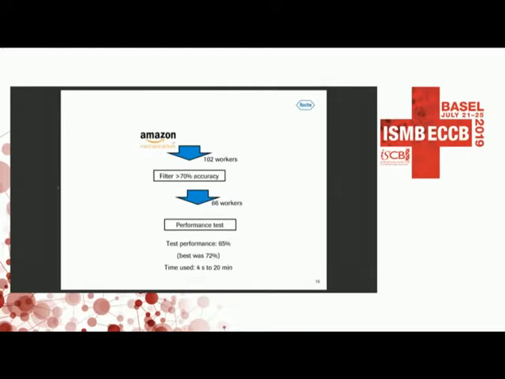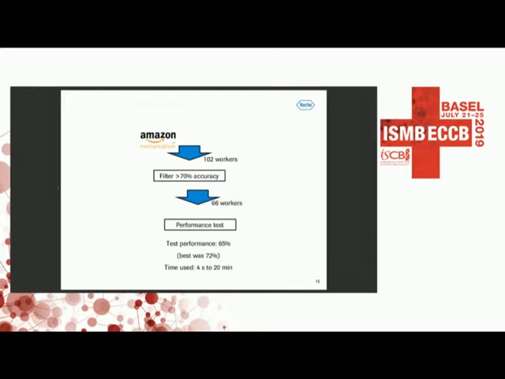So in Amazon Turk, we follow a typical process to select curators. We asked them to pass some preliminary questions, then we evaluated their results, and then we evaluated them again to see if their performance was kept from the preliminary test to the reality, right?